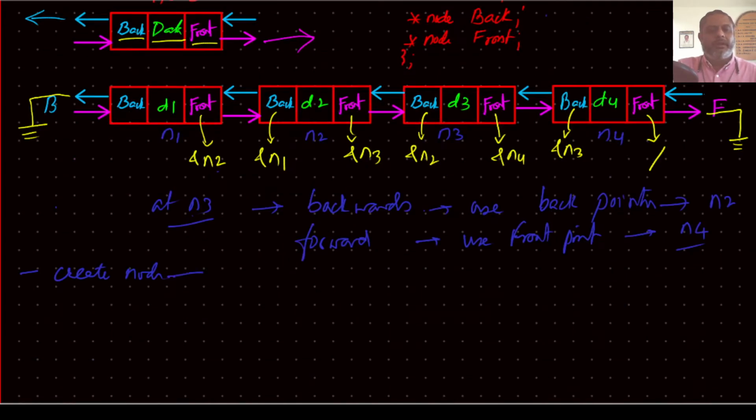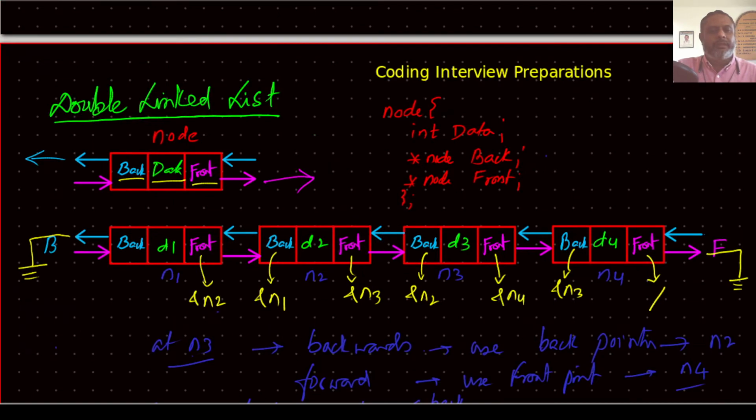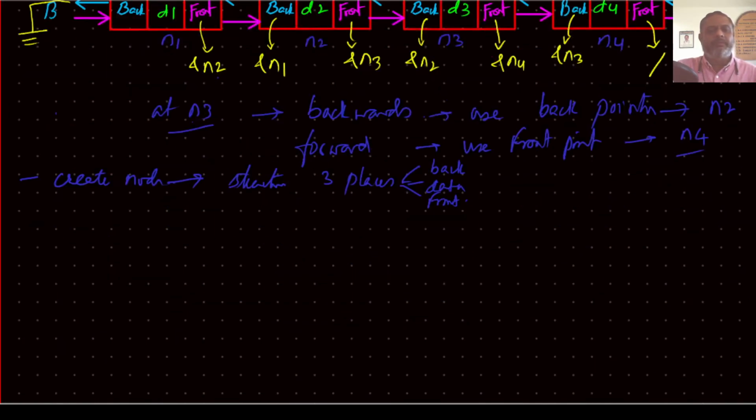When you create a node, a structure with three places is created: one to save the address of the back node, one to save the data, and one to save the address of the front node. So this whole thing is created once you create a node.